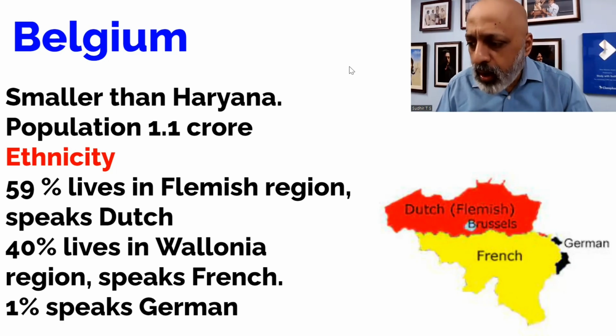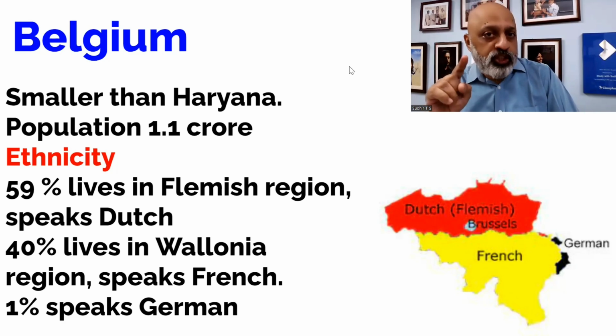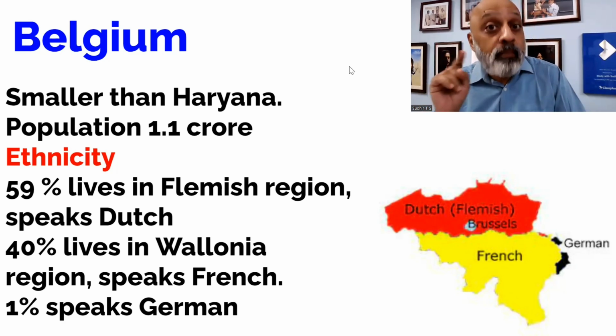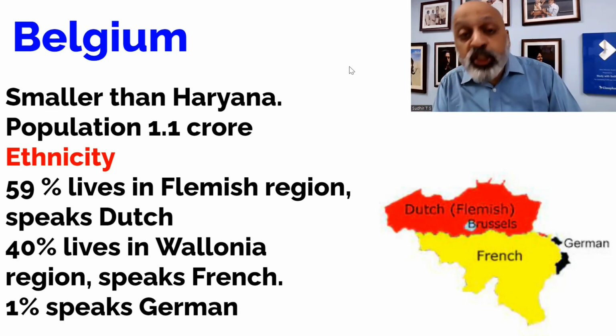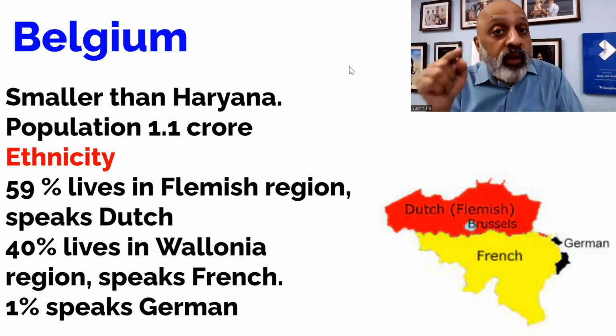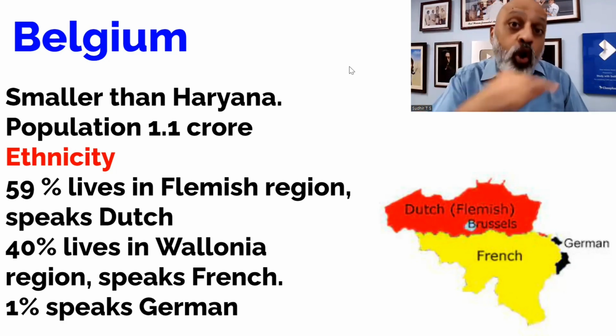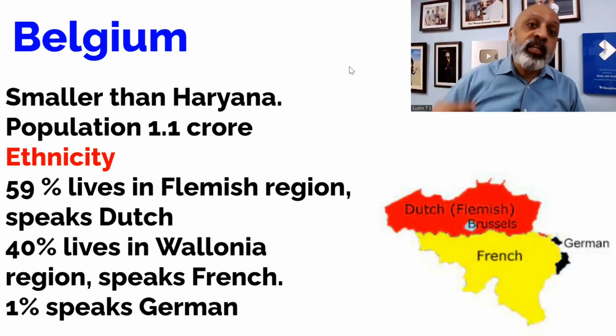Okay, so the interesting part is that even though the French-speaking population is in a minority, only 40%, they were the rich people and the politically powerful people in Belgium. So they called the shots, and this was resented by the majority Dutch people.